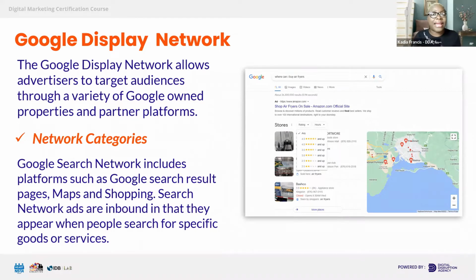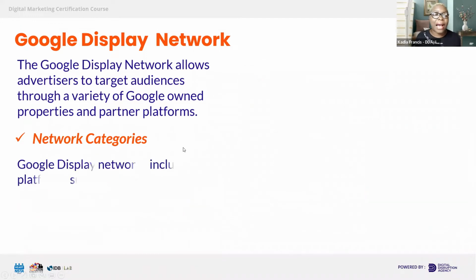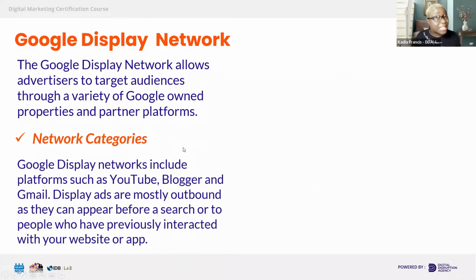So you'll find that these kinds of ads pop up based on the type of query, the search terms, and the keywords that I use. I went looking for the information, which is why it's inbound. But then you have the Google Display Network, which includes platforms such as YouTube, Blogger, and Gmail.